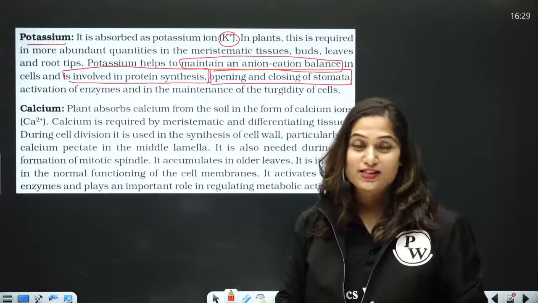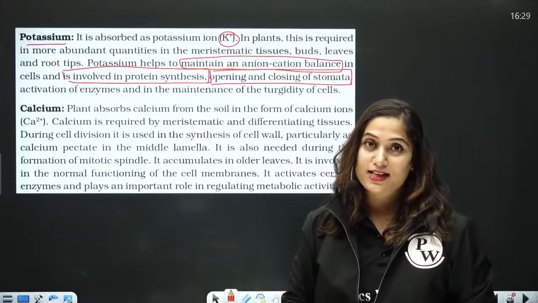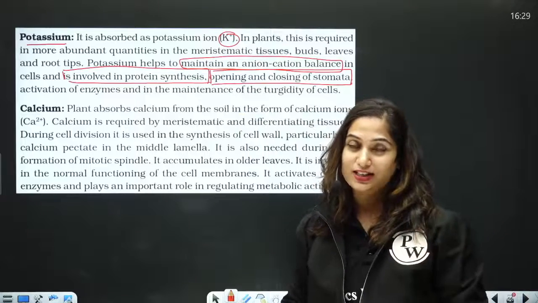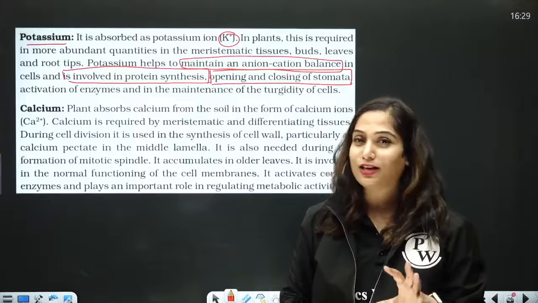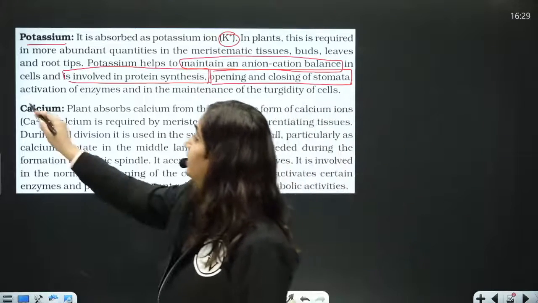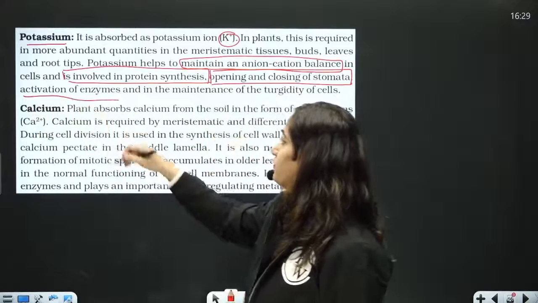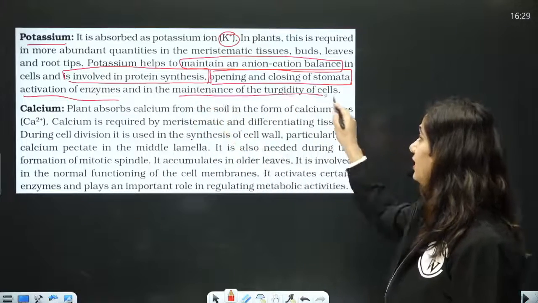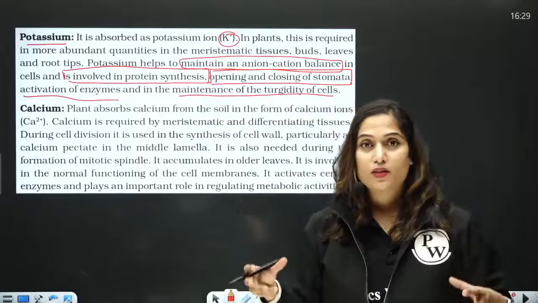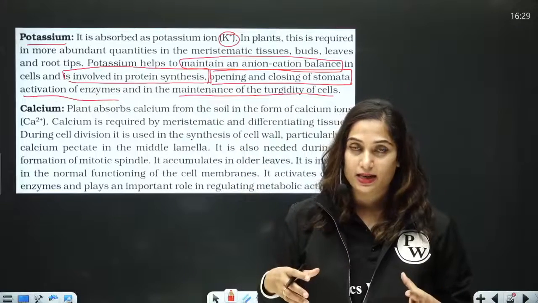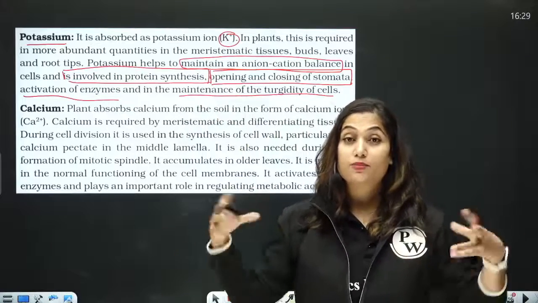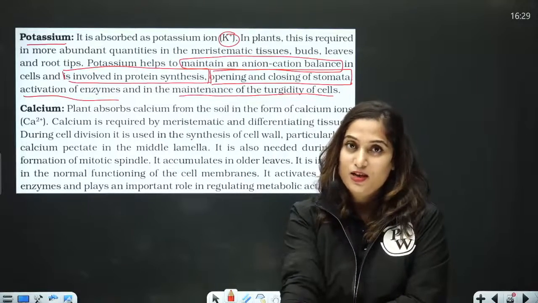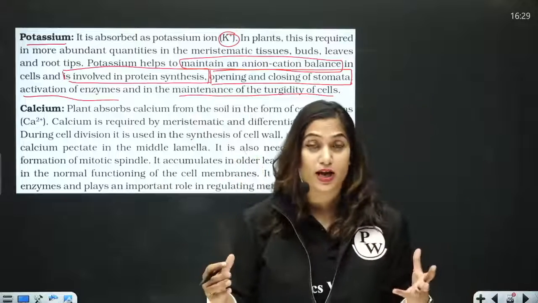Right? It was discussed in transport in plants that during the opening of stomata, potassium ions go into the guard cells. So they are very important in opening and closing of stomata. It is also responsible for activation of some enzymes, and for maintaining the turgidity of cells, because when potassium is present inside the cell, water comes into the cell and the cells become turgid and the shape of the cell is maintained. So what are the major functions of potassium?